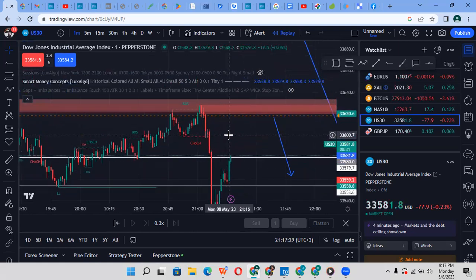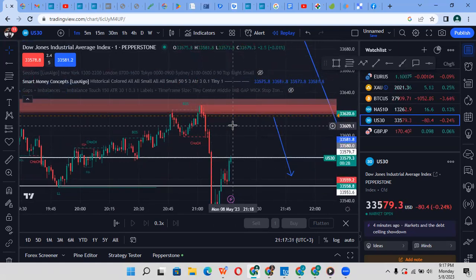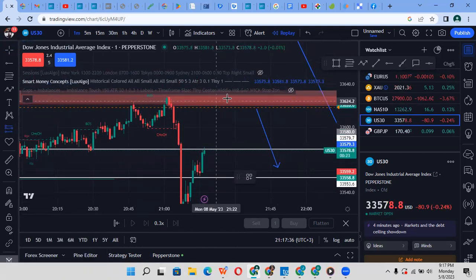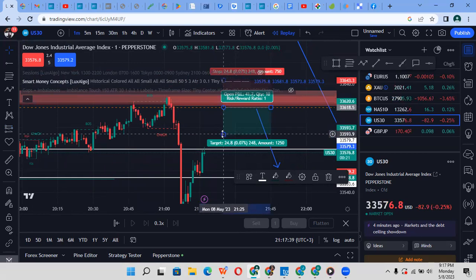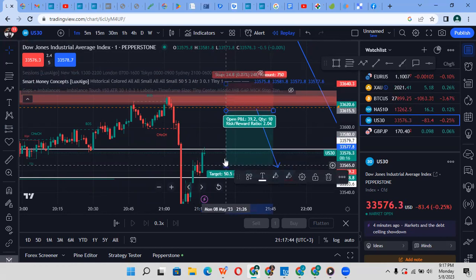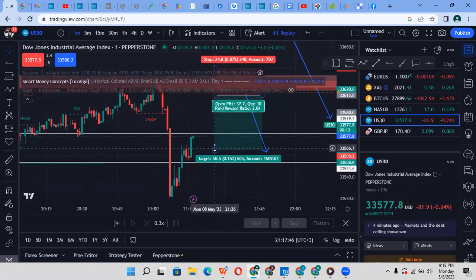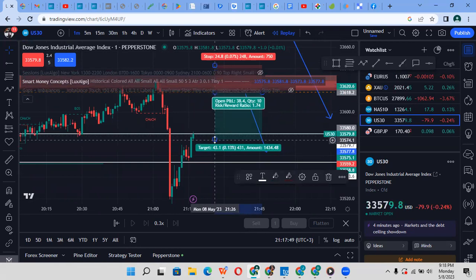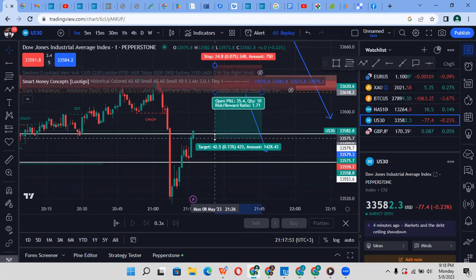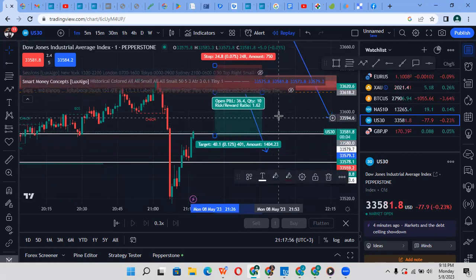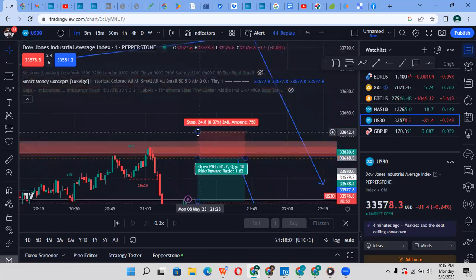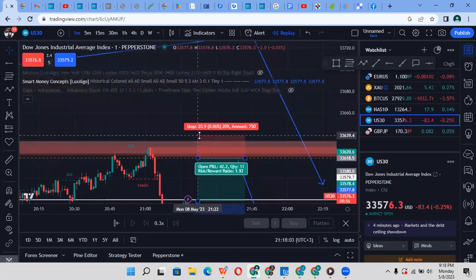You can see it's really coming here. Change of character, break of structure. If price comes here, I'm going to be taking a short position on this level, targeting 40 pips, and then stop loss will be 20 pips.